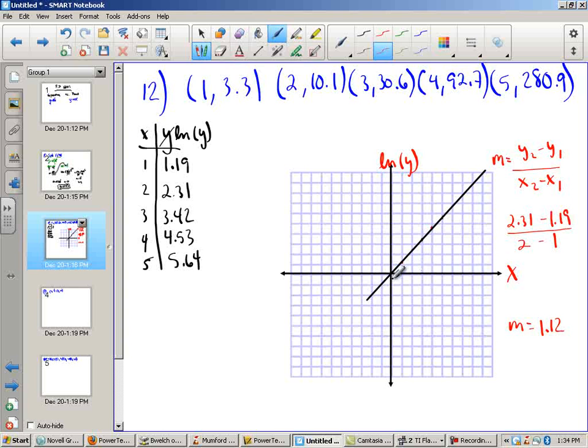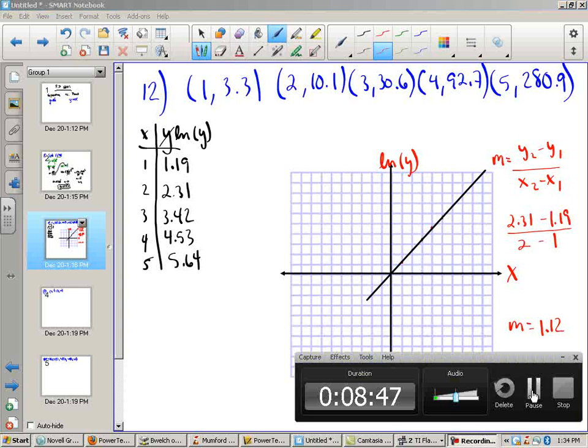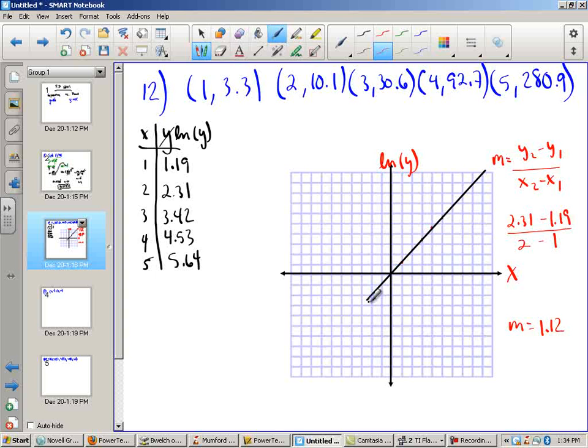And then I need to know what's the y-intercept. Where does this cross the y-axis? It looks very much to me like this is going to cross at 0. We're very, very close to 0. Typically what we would do is pick an x and y like this, and plug them into the format y equals mx plus b. And we're looking for the b value.